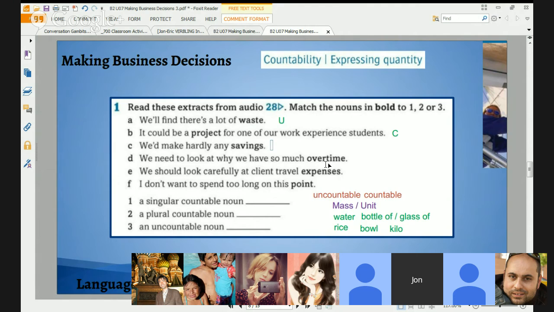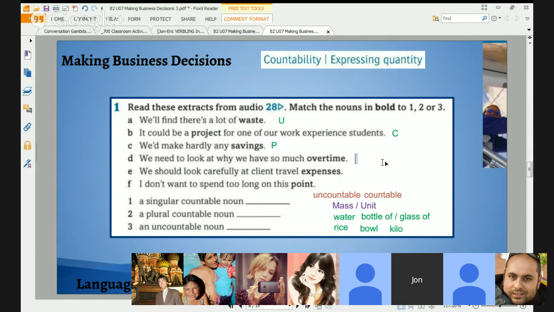We would make hardly any savings. Plural countable. I'll put a P for plural countable. Yeah. Okay. You're right. Cornell, what about D?